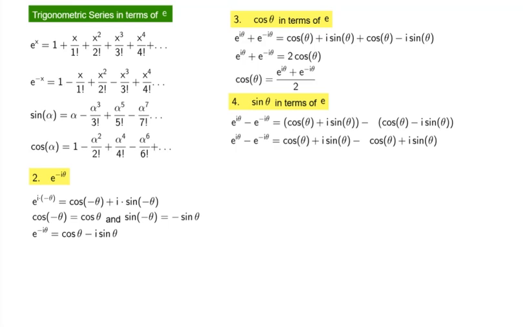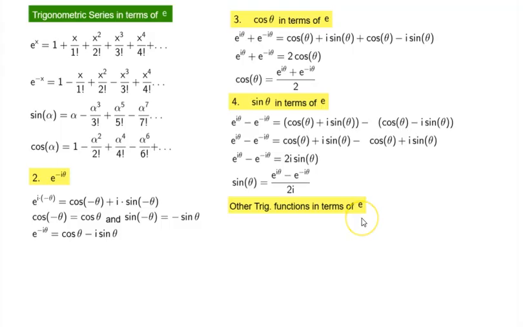Cos theta cancels out, and we have e to the power of i theta minus e to the power of minus i theta is equal to 2i sine theta, which means sine theta is equal to e to the power of i theta minus e to the power of minus i theta divided by 2i. Once we have worked out these things, you see how easy it becomes.